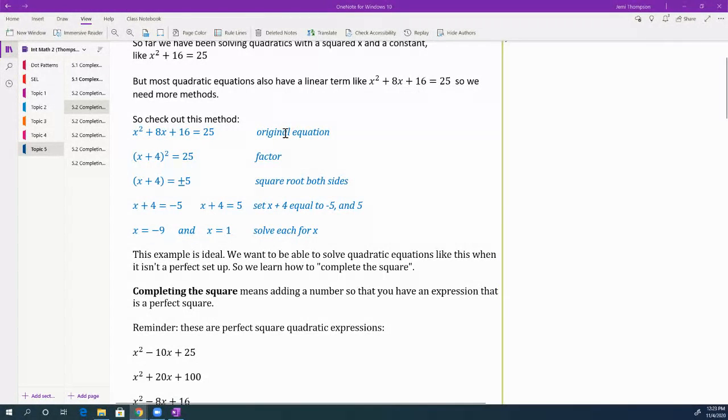I do a quick factorization and recognize that x squared plus 8x plus 16 is a perfect square. We can use what we know about factoring perfect square trinomials to rewrite this as x plus 4 quantity squared equals 25.